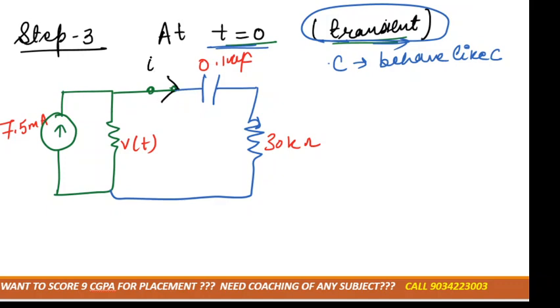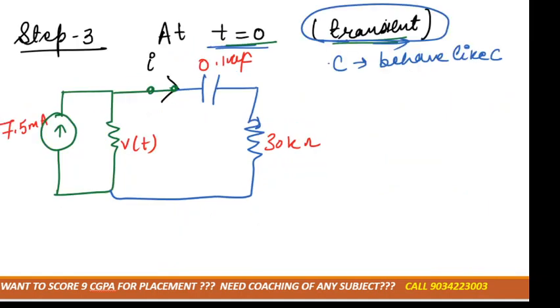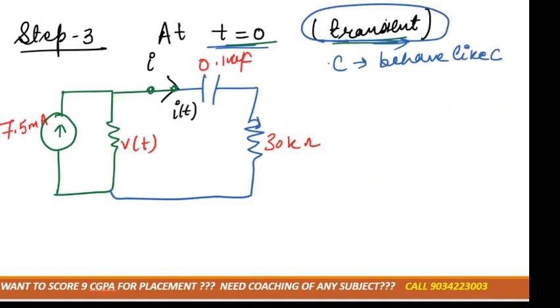In the question they have mentioned how much current is flowing, that is I of t, right? So we mark here I of t, and in the question they have mentioned that this is V of t, the voltage across the 20 kilo ohm. So can we mark here plus minus V of t?